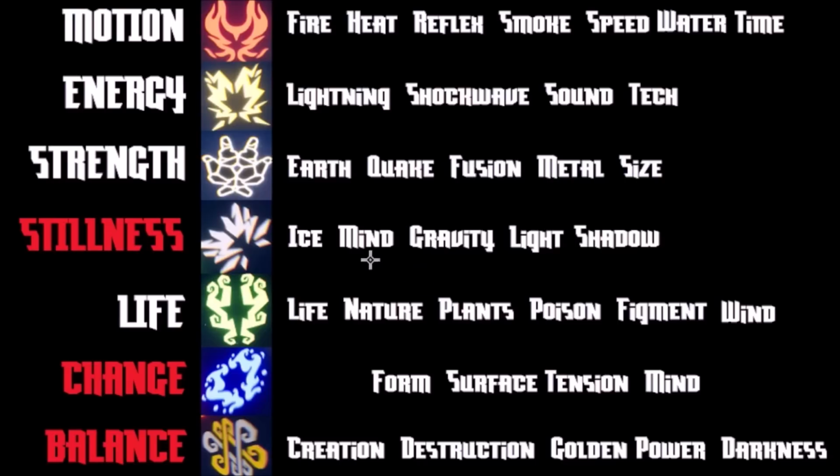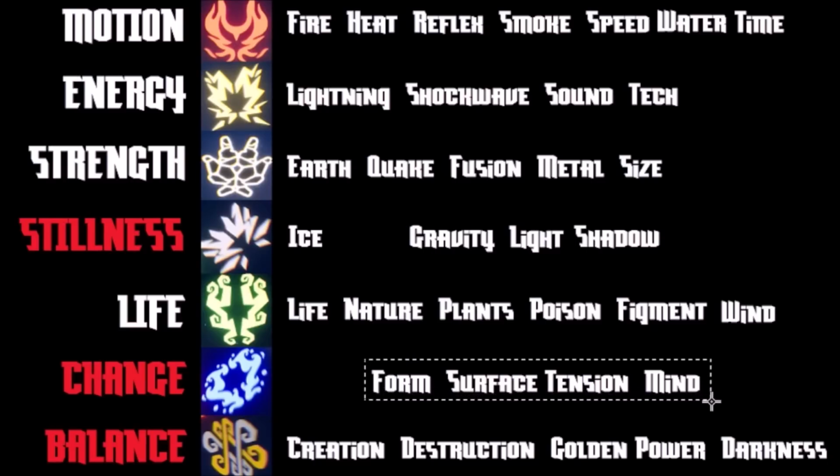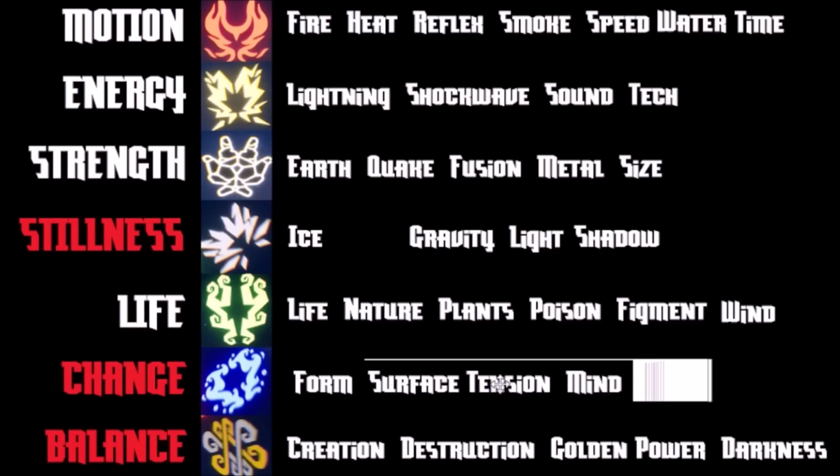Which one would I rather have mind in? I feel like I'm going to get rid of mind from the stillness category and instead double down on it being in the change category down here, or whatever this elemental symbol means. Just because with mind, again, if this is change, mind is very not fixed, right?